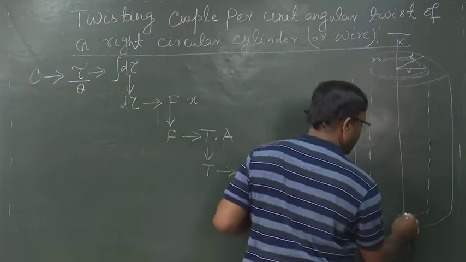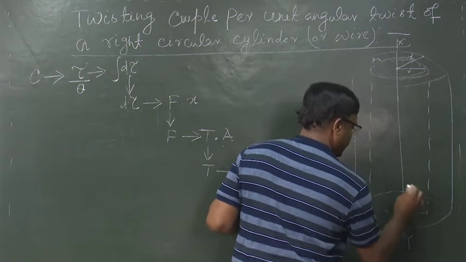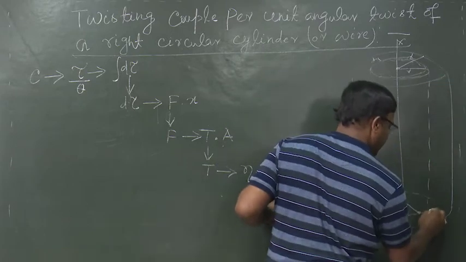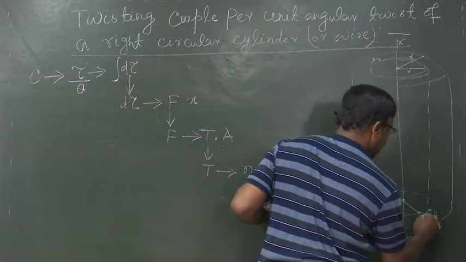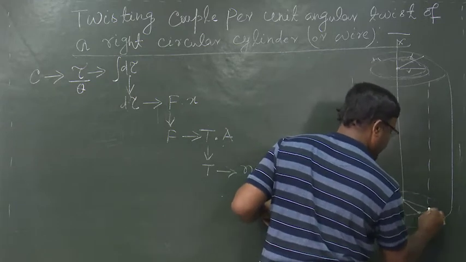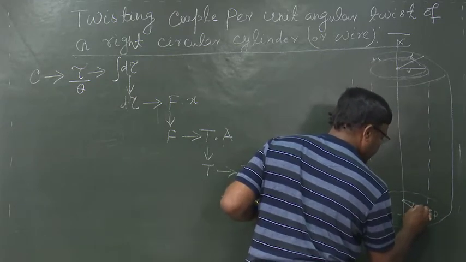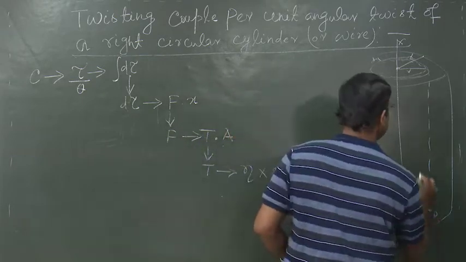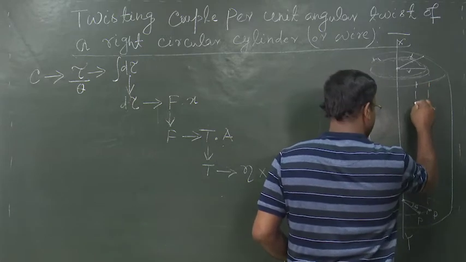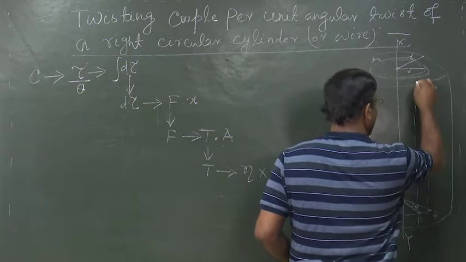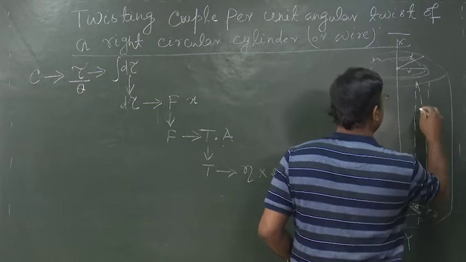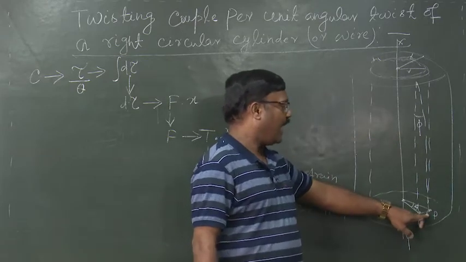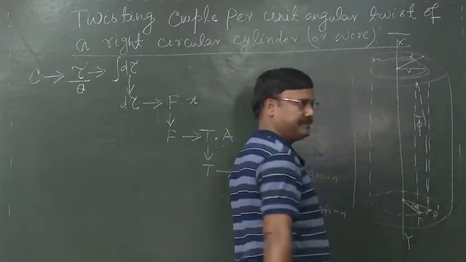Let us consider the lower face as a point P and let another point P dash be here, and while we twist it make an angle theta at this point, and if we consider it will touch another point at the upper face which makes an angle of phi with arc P dash.